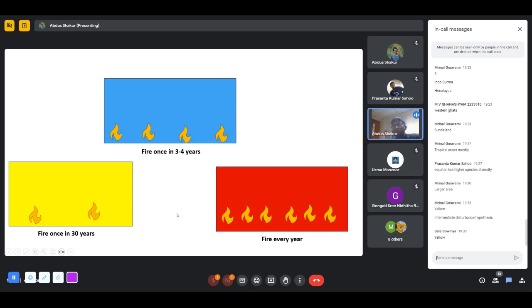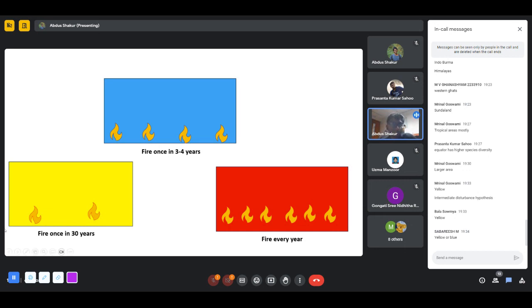Can one of you defend your answers? Why do you think it's yellow? Someone said it's intermediate disturbance hypothesis. Yellow or blue? It's not multiple choice, it's more like a single answer. So you're trying to play it safe. I get it. So the thing is, it depends.